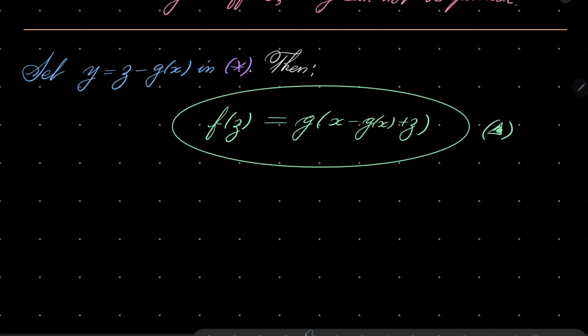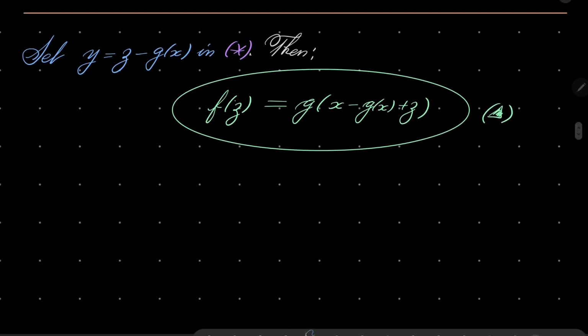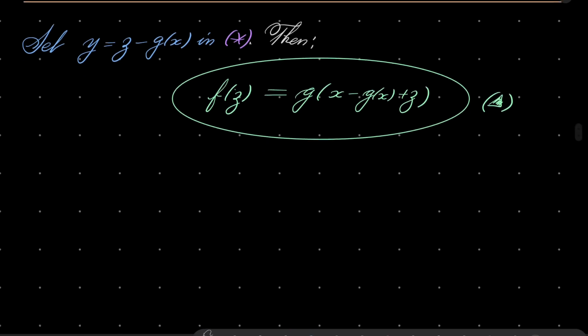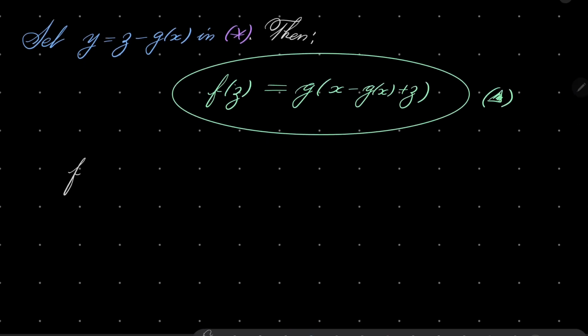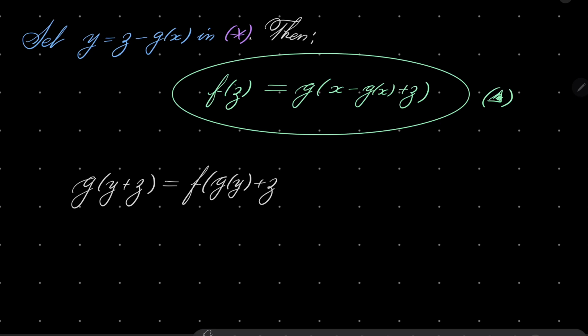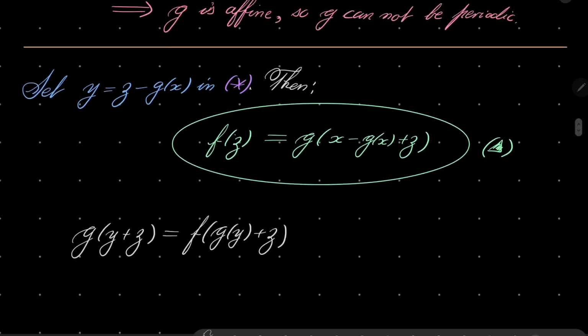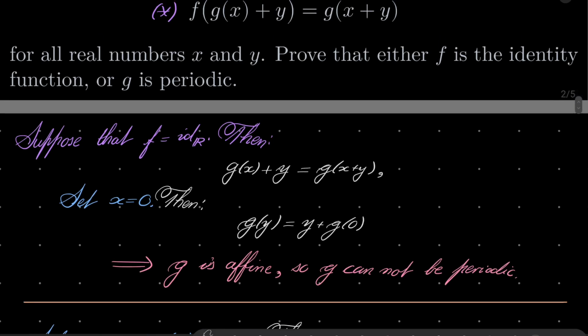Alright, and now let's do something different. Let's now consider g(y + z). We know that by our equation asterisk, g(y + z) is the same thing as f(g(y) + z). How do I know it? I'm just using my very first functional equation, but instead of x and y, I'm putting y and z.